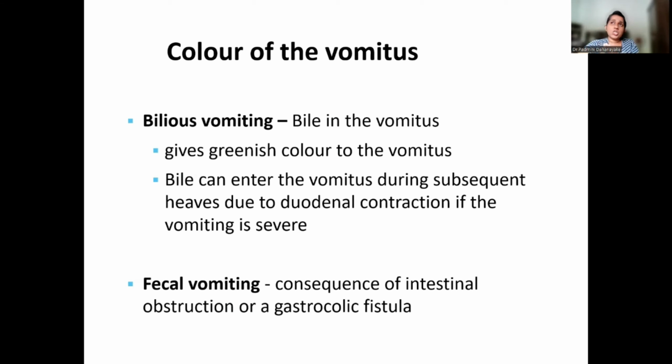It enters the vomitus during subsequent heaves due to duodenal contractions, if the vomiting is so severe, okay? And then the most devastating one, that is fecal vomiting. If you have intestinal obstruction, or else a gastrocolic fistula, an internal connection between your stomach and the colon, you may have fecal vomitus, okay?